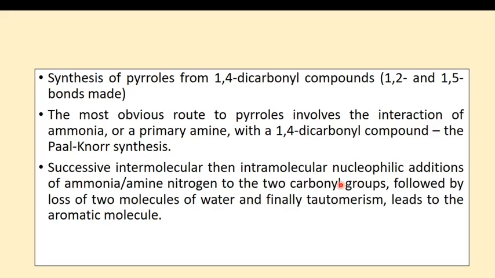In this addition reaction of ammonia or amine nitrogen to the two carbonyl groups, followed by loss of two molecules of water and finally tautomerism, leads to the aromatic molecule. So this tautomerism is very important, which leads to the formation of the aromatic molecule.